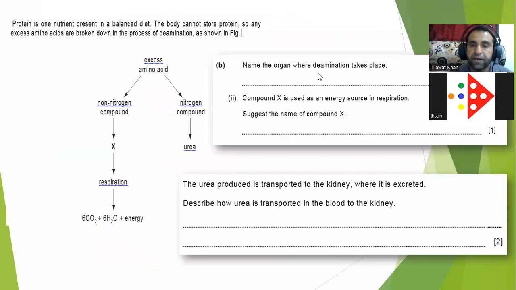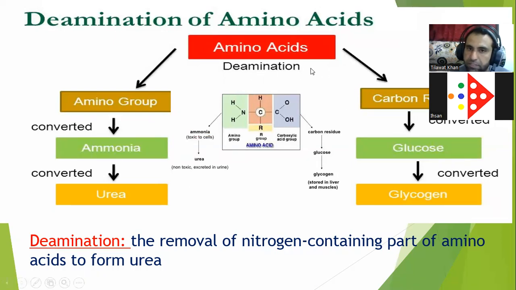So, name the organ where deamination takes place. This is one of the past paper questions. In this process of excess amino acid, the non-nitrogen part will convert into what? No, the non-nitrogen part of the amino acid, not the ammonia.